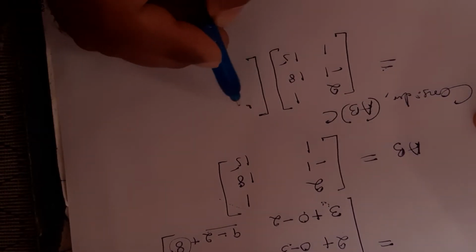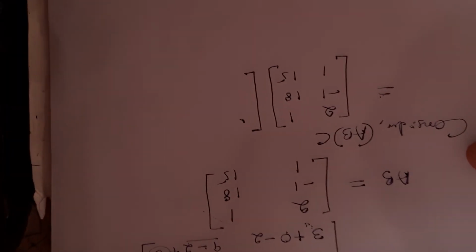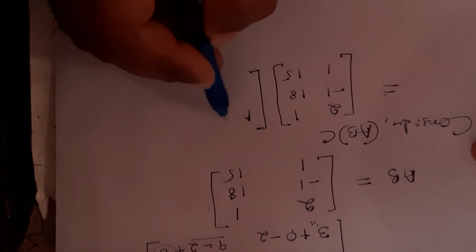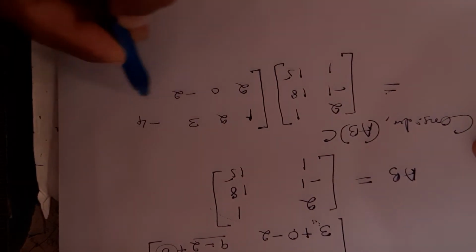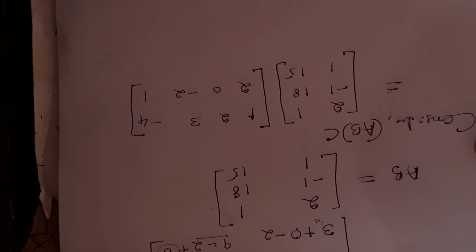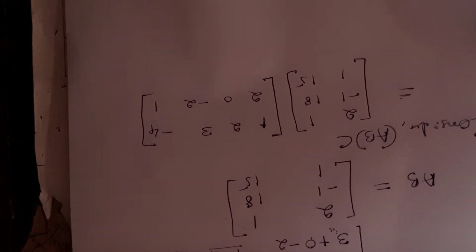I should substitute that here: 1, 2, 3, minus 4, 2, 0, minus 2 and 1. So this is the matrix C.